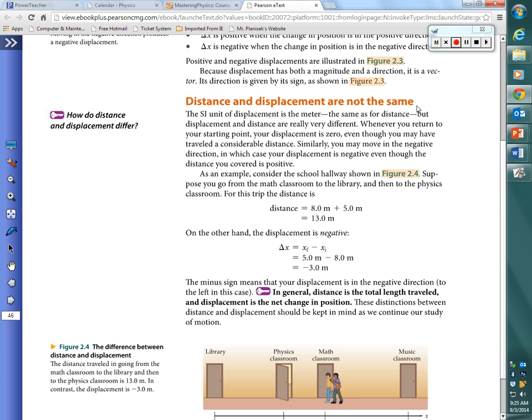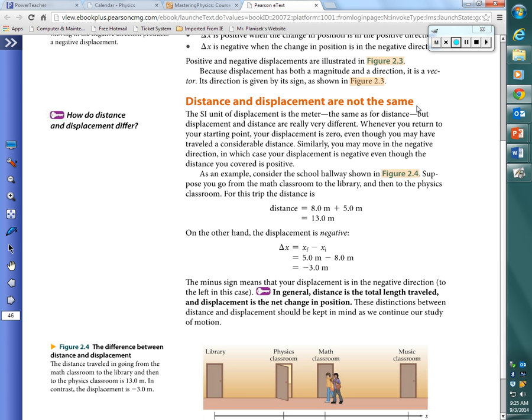Displacement of runners in a 100-meter race. We could probably go with positive 100 meters, assuming we call that direction positive, right? Technically, it could be negative 100 meters, depending on what direction we call positive and what direction we call negative. It probably makes the most sense to call that direction positive.